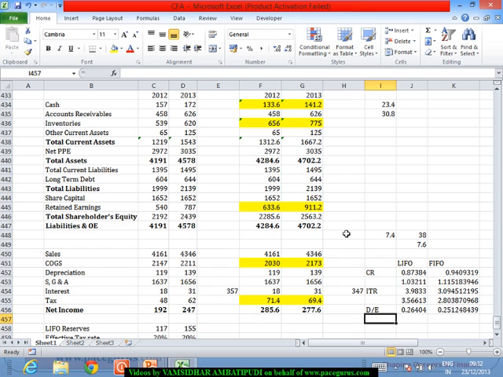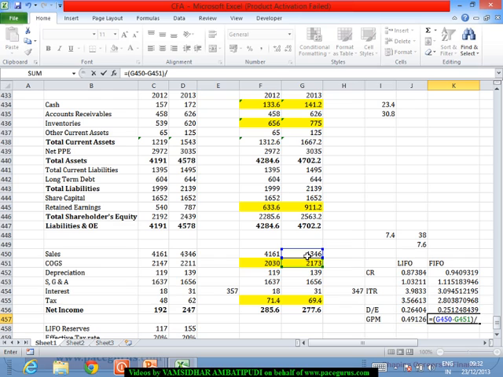And when we are talking about gross profit margins, which is nothing but the sales minus the cost of goods sold upon the sales, right? Here also in case of the LIFO method, the cost of goods sold will be slightly higher, especially in an inflationary environment.